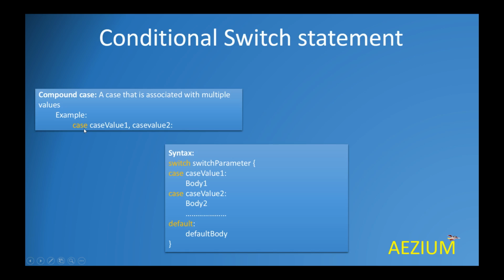So we start with the keyword case, followed by the case values separated by the comma, and the very last value is followed by a colon. When we see a case like this, it means that if the value of our switch parameter is equal to any of these case values, the body of the code which appears below this case will be executed.